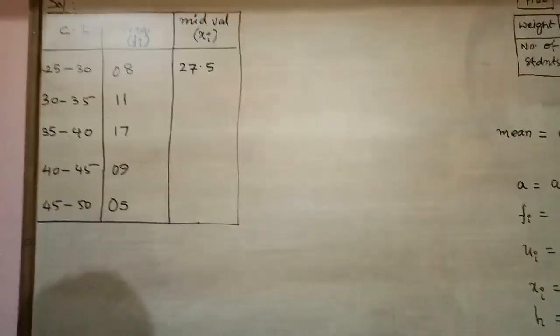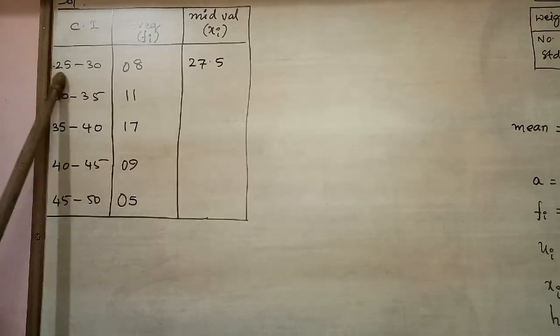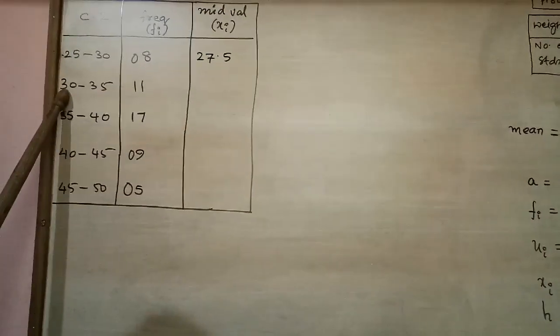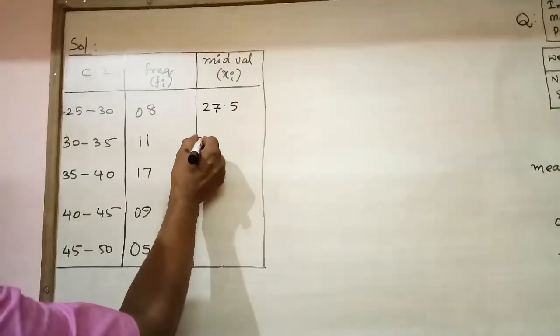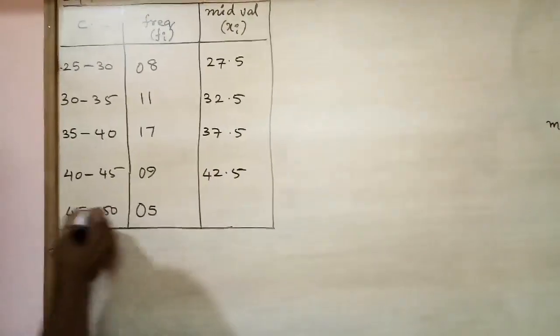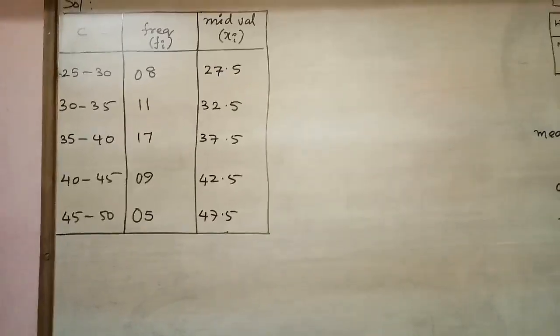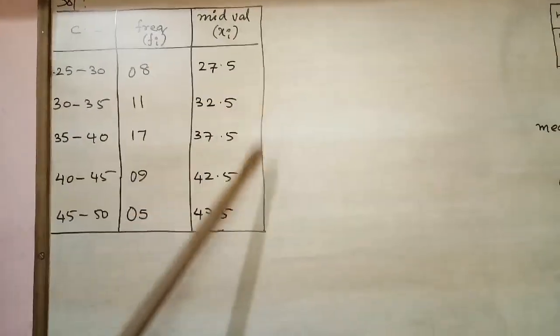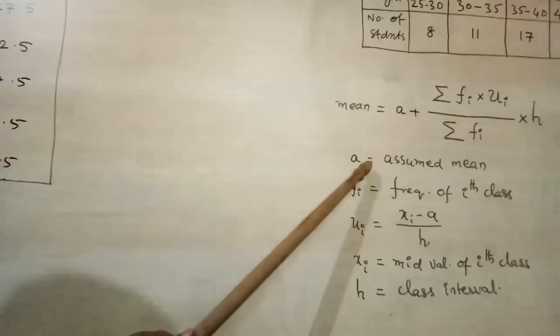That means we just add 2.5 to the lower limit. Similarly, adding 2.5 to each lower limit, you get the mid values 32.5, 37.5, 42.5, 47.5. These are the mid values. From these class marks, now we can assume A.